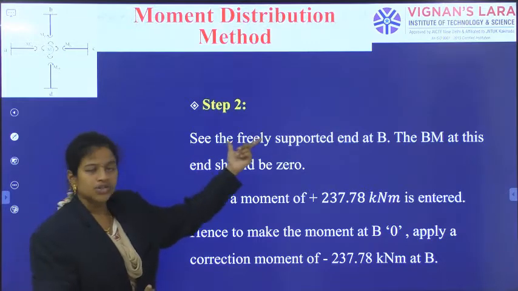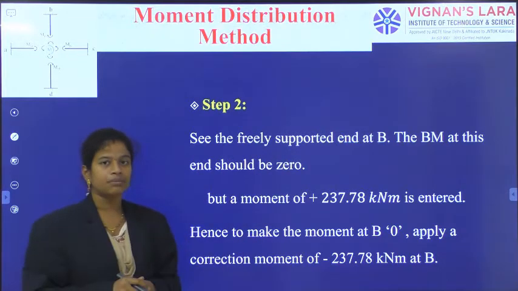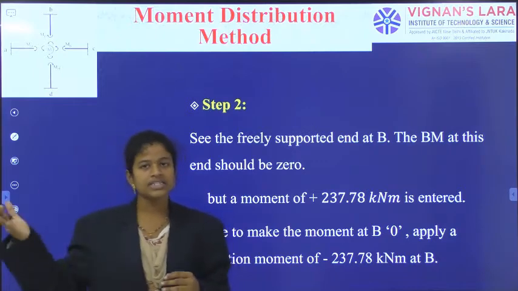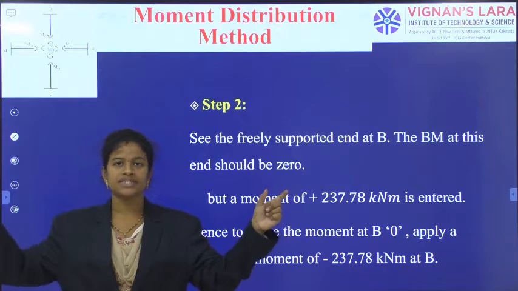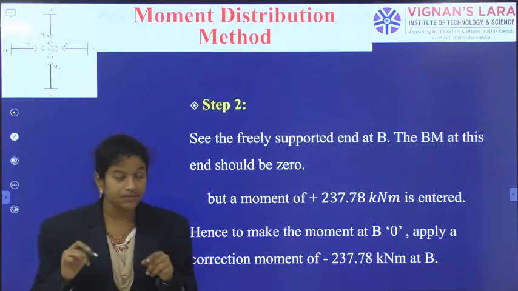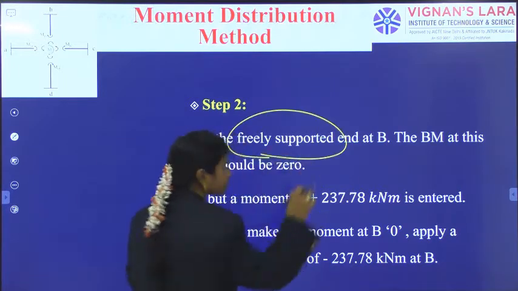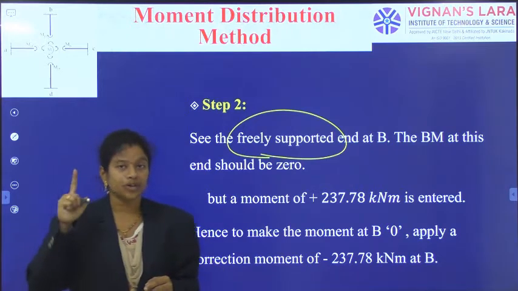We should observe that a simply supported beam is there. Whatever support beams we are doing, firstly we should indicate the fixed end moments, and then observe very clearly the freely supported ends.